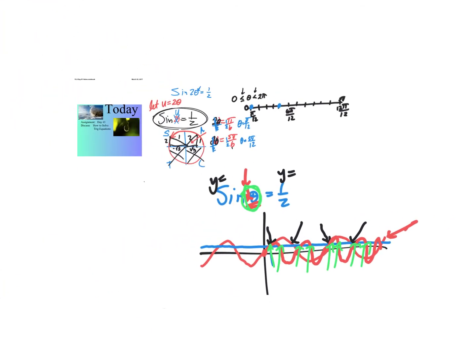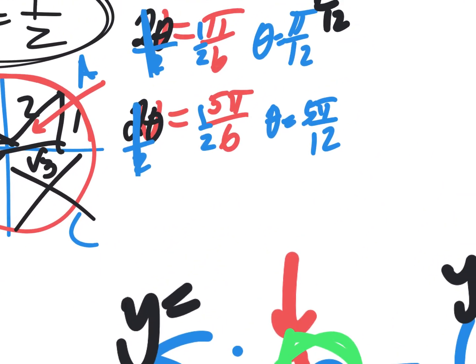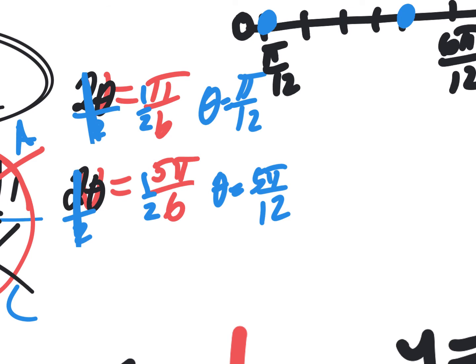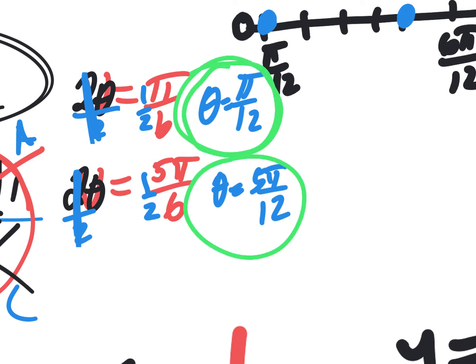Okay, so on this example problem, we had pi over 12 and 5 pi over 12. How far apart were they? Yes. Keep going. 4 pi over 12. That's how far apart these were.